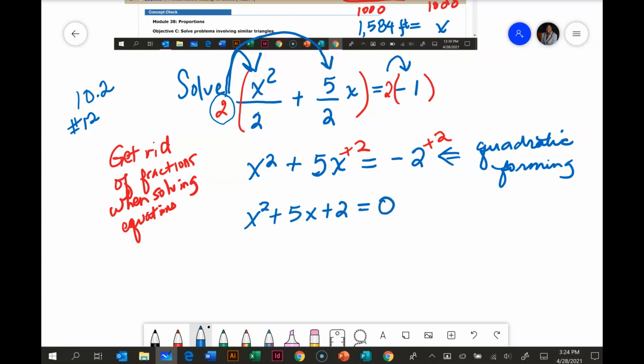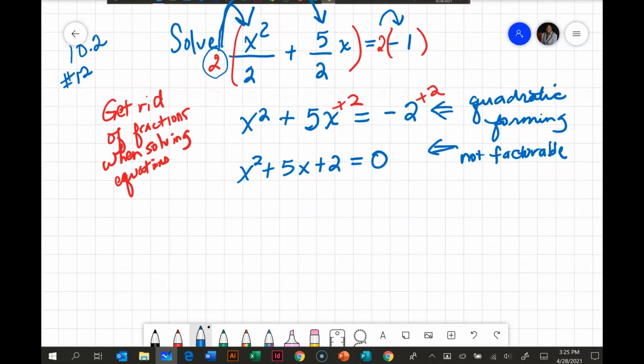Next, normally the next step is to factor if we had a factorable situation, but this is not factorable. So we cannot solve this quadratic equation using the method of factoring. We have to choose another method to solve this quadratic equation. Thankfully, there are many other methods to solve quadratic equations.